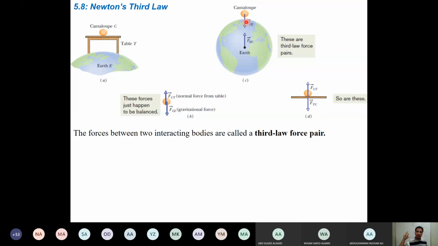These two forces are action and reaction, because the origins of these two forces are different and they are applied on two different bodies. One is applied on the earth and another one is applied on the cantaloupe. While in the first case, both forces were applied only on the cantaloupe, so that was not considered a third law force pair. While in this case, these two forces are considered third law force pairs.